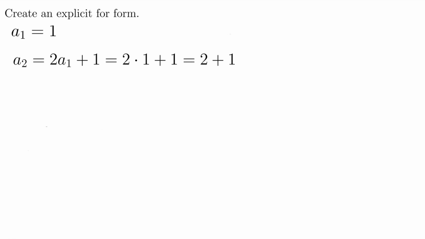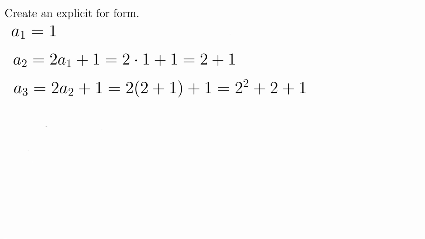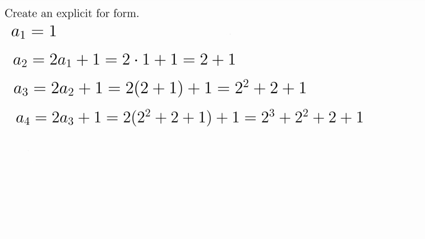For a_3, I take the previous one, 2 plus 1, I double it, and add 1 to it. So I distribute the 2 through, get 2 squared plus 2 plus 1. A_4, again I take the previous one, double it, add 1, so when I distribute the 2 I get 2 cubed plus 2 squared plus 2 plus 1.